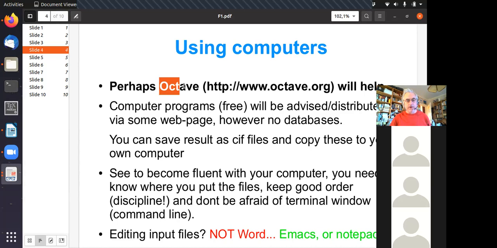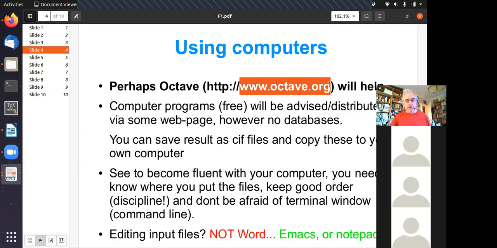The Octave program you can download from www.octave.org. It should be quite straightforward. With Windows, it's very straightforward. With Macintosh, it's slightly less straightforward, but anyway quite easy.